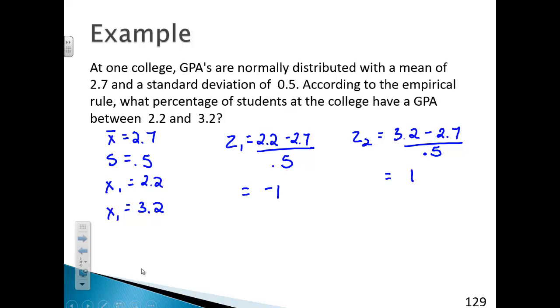So this means that we are between -1 and 1 standard deviations, or within 1 standard deviation from the mean. According to the empirical rule, if you are within 1 standard deviation, that means there is 68% of the data. So that is our answer, the 68%.